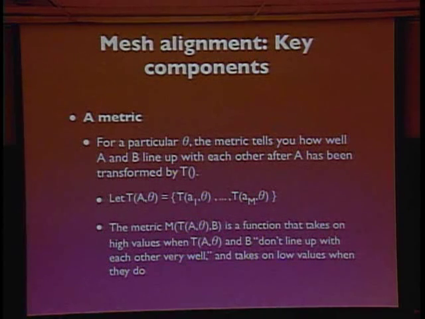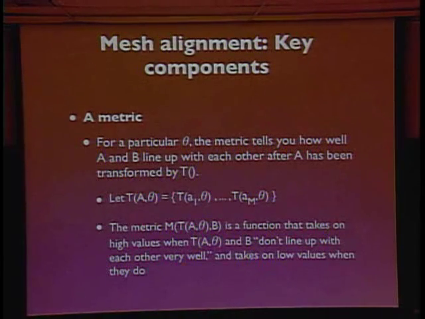The next thing you're going to need, and this is often the very, very tricky part in realistic settings, is what's called a metric. The idea here is that let's say we have a hypothetical geometric transformation that we think aligns two surfaces A and B together. Or let's say that we propose one.